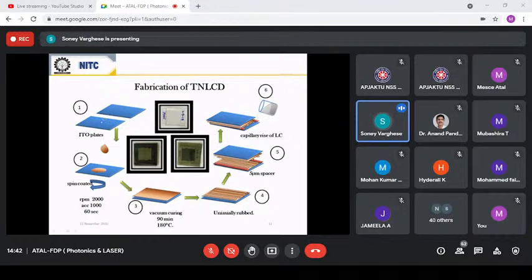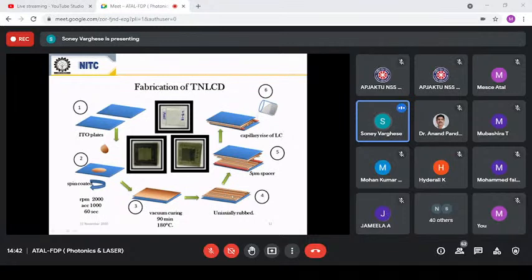We'll be starting with indium tin oxide plates, and you have to coat with some alignment layers. Alignment layers, usually we use polyimide. So that will be spin coated like this, followed by curing process. Then you will be rubbing this polyimide film, right?